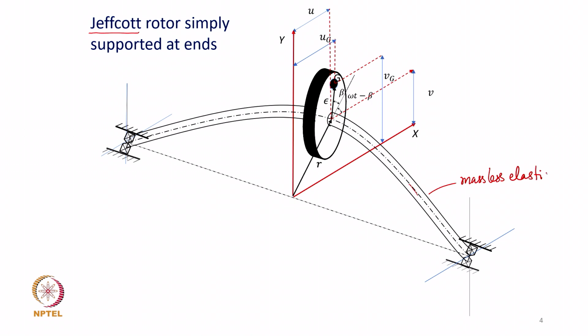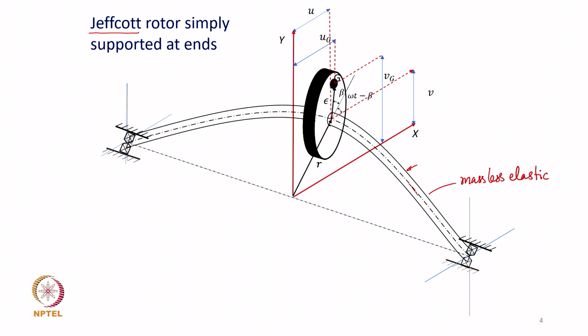So, all the strain energy is stored in the shaft as it deflects, and the disc is assumed rigid. So, it does not flex as such and has all the mass. With that assumption we can carry out the preliminary response analysis.